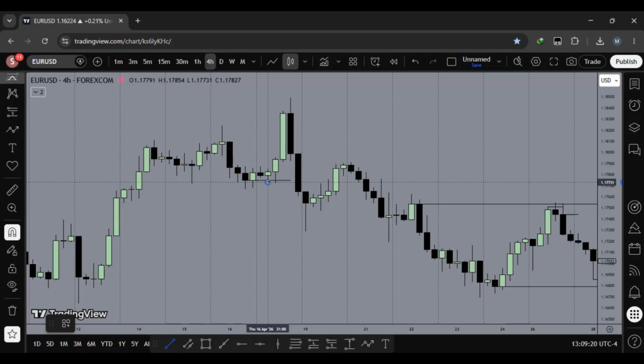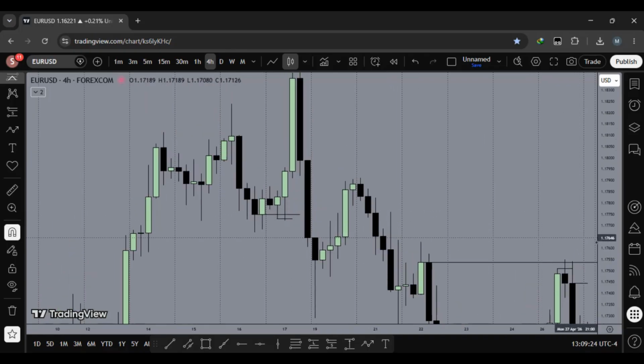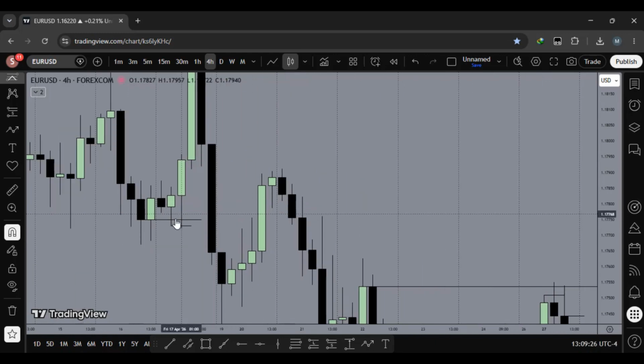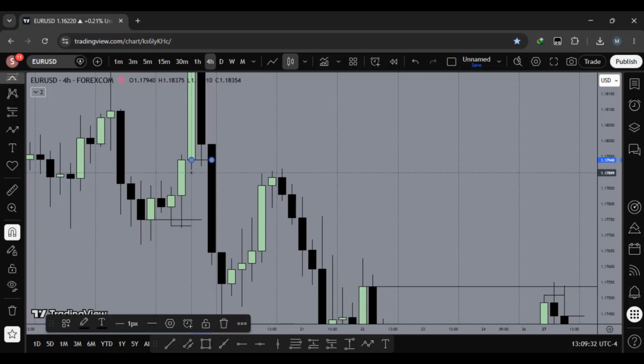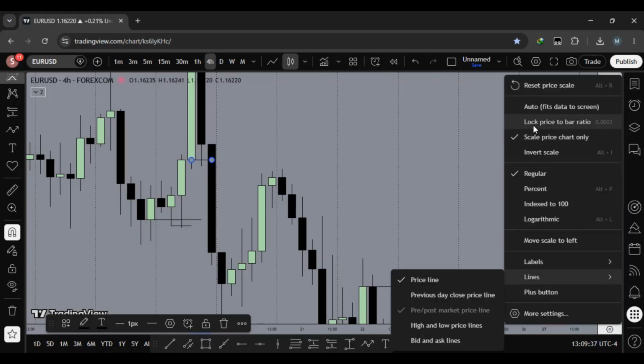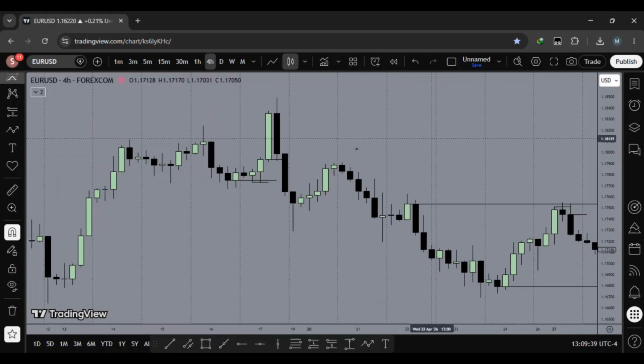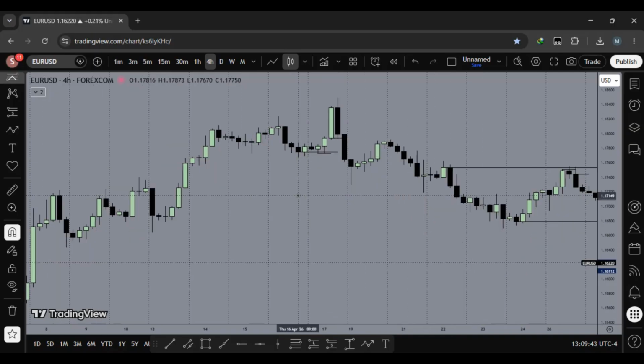This man closed below here. Then you enter here. You wait for this to close and you take your entry here. You go to the lower time frame very cleanly. You're not entering blindly. You know where you're entering.